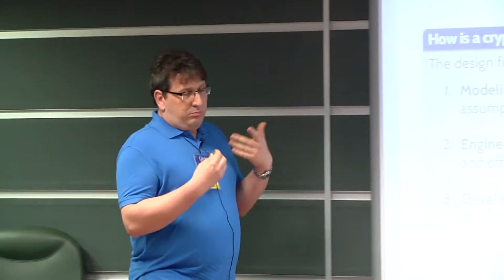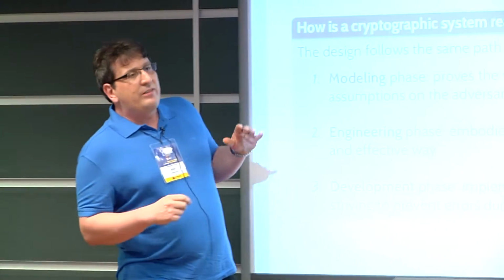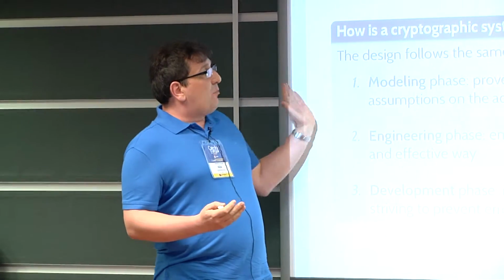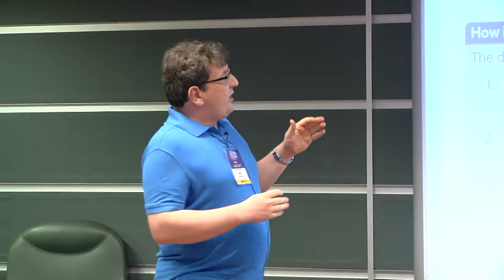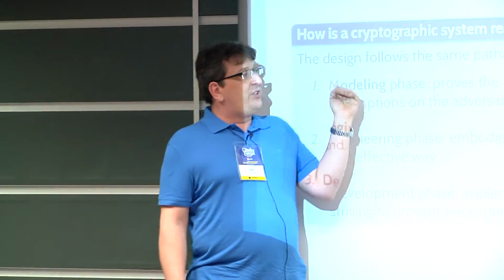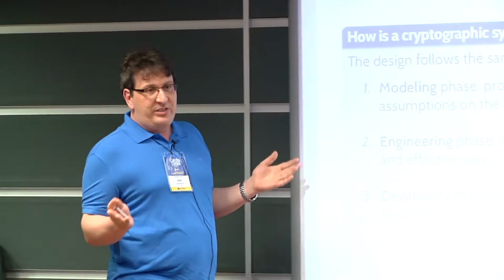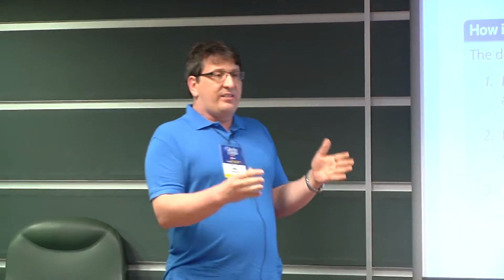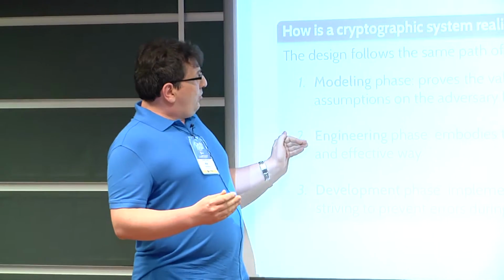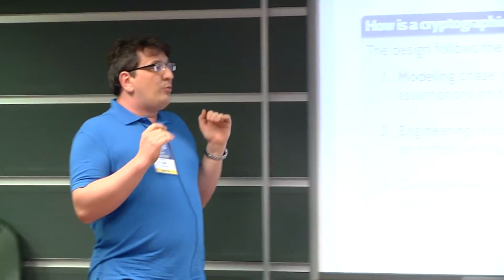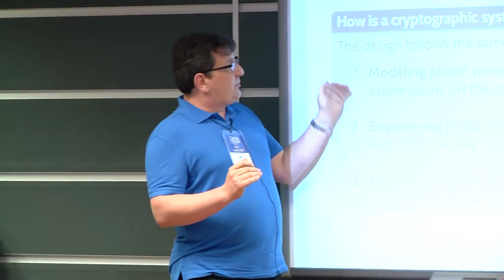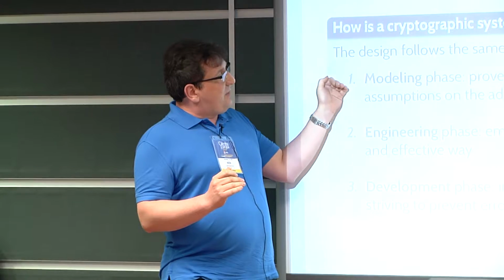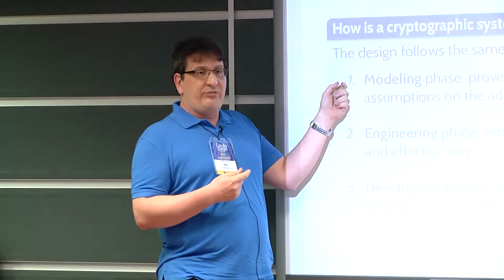The design of modern cryptographic systems follows the same path of any other computing system. So we have a modeling phase, an engineering phase, and a development phase. During the modeling phase, we need to prove the validity of some security properties from the assumption on the adversary knowledge. During the engineering phase, we need to model in the most faithful and efficient way the results of the modeling phase.